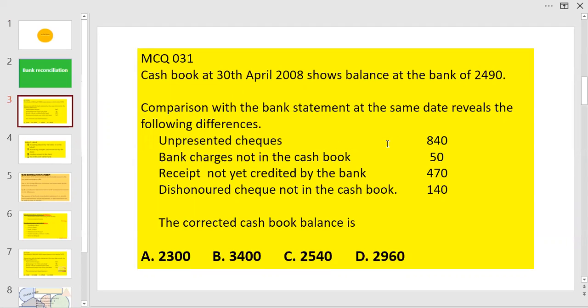Unpresented check 840, bank charges not in the cash book 50, receipt not yet credited by the bank 470, dishonored check not in the cash book 140. The correct cash book balance is... 4 options are given for us to choose.